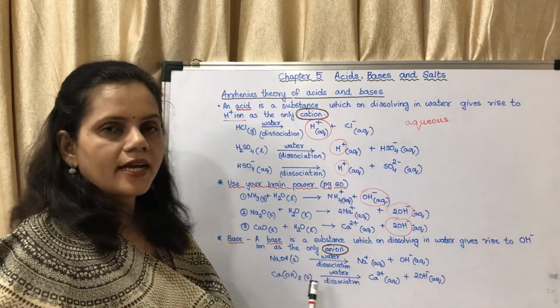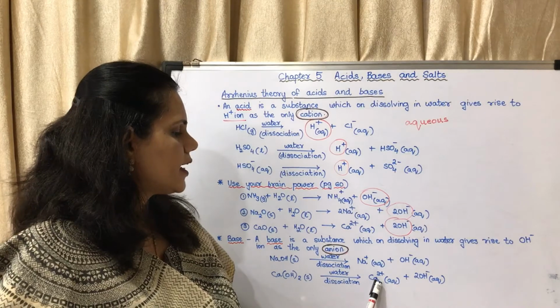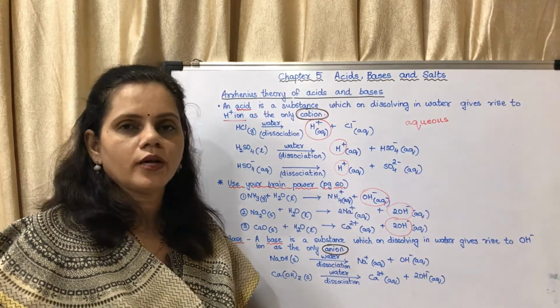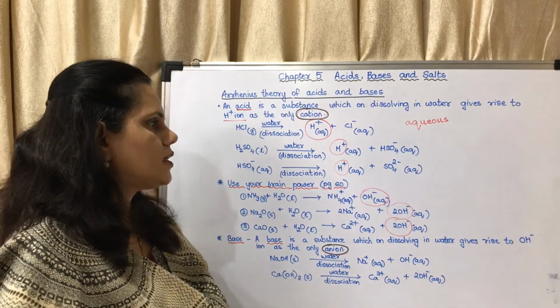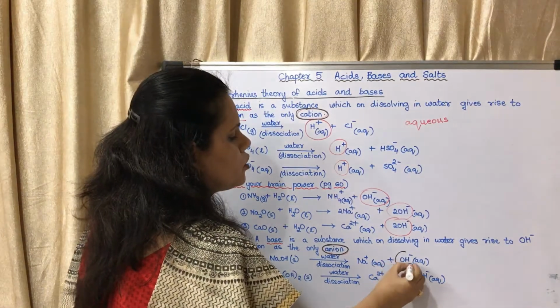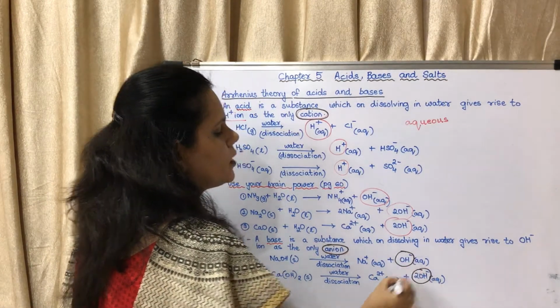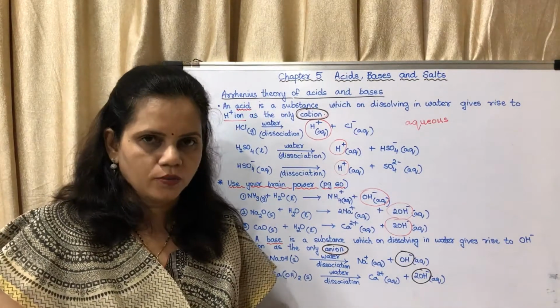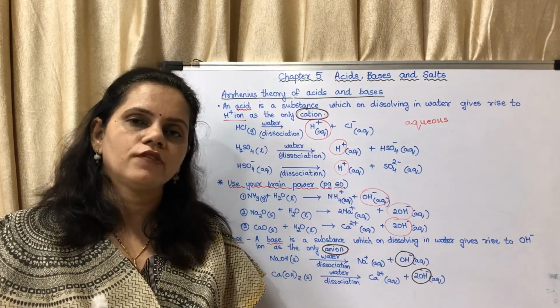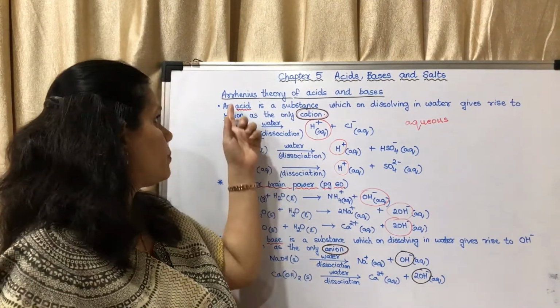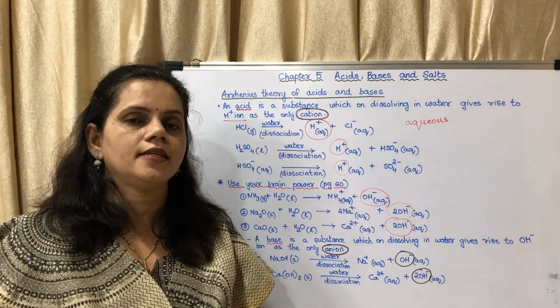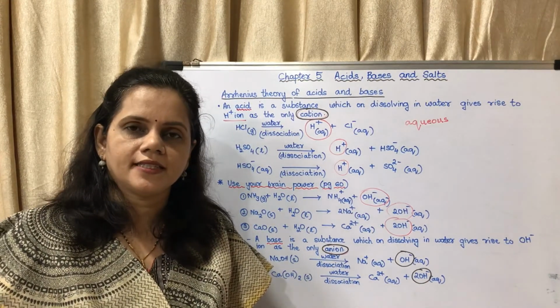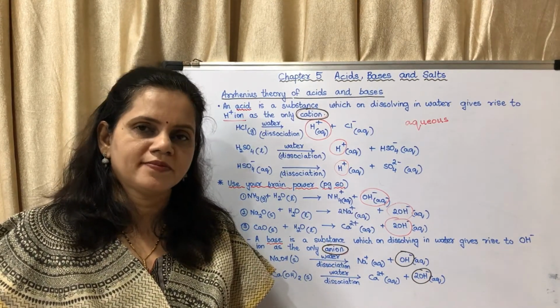Calcium hydroxide on dissociation gives calcium ions and 2 OH minus ions. So which type of ions are formed? Here also you may see OH minus ions are formed. So this is the definition of acid and base put forward by Arrhenius, that is Arrhenius theory of acids and bases.